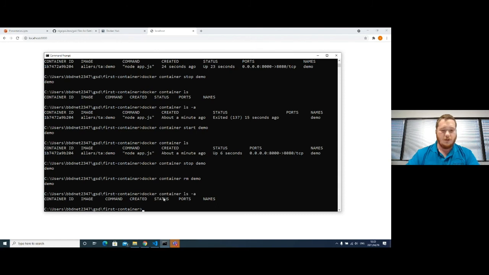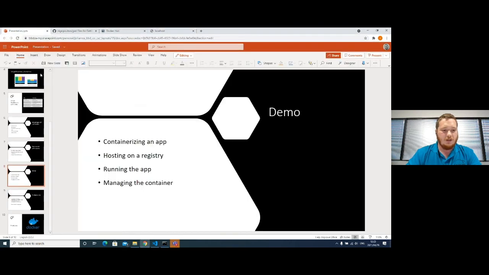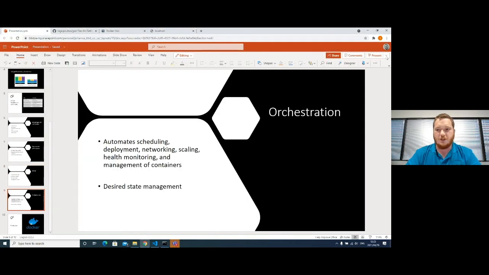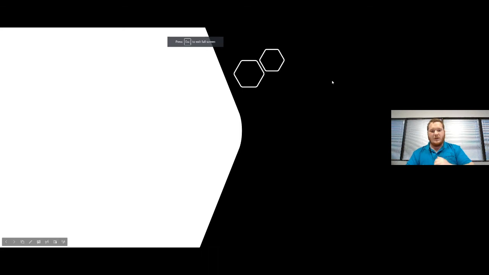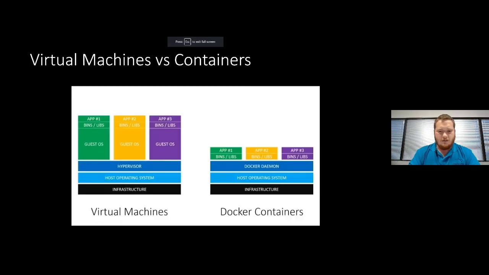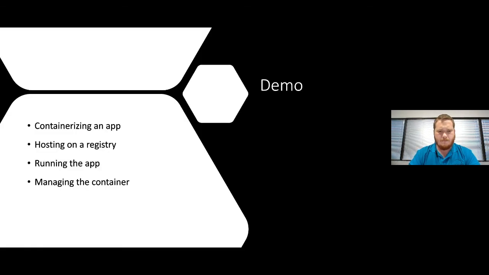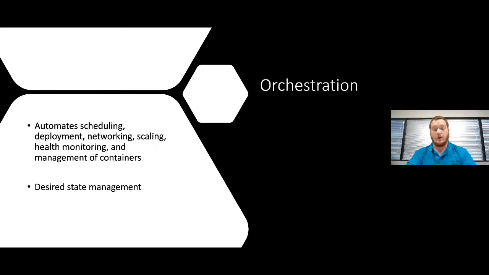Okay, so that's that for the demo part, and I think I probably have more time left, so I'll just quickly touch on the subject of orchestration. So containers are obviously amazing, and if you're not using them, you should really think, why not?